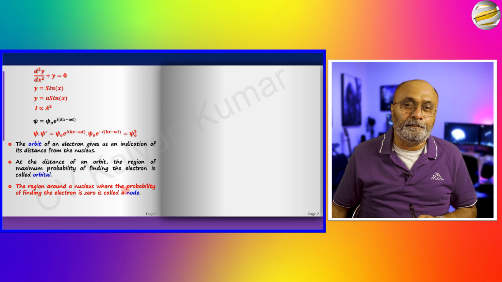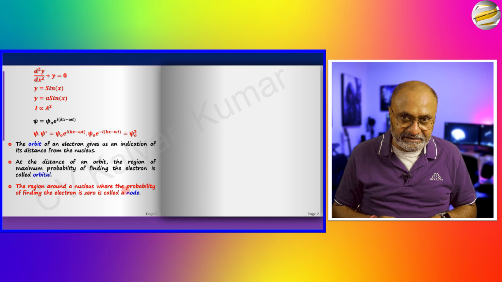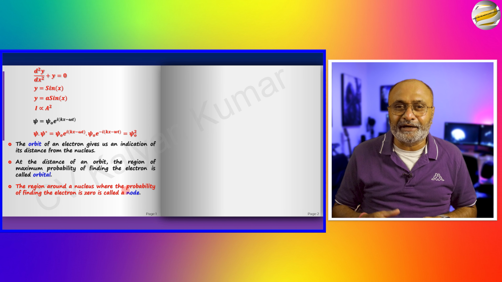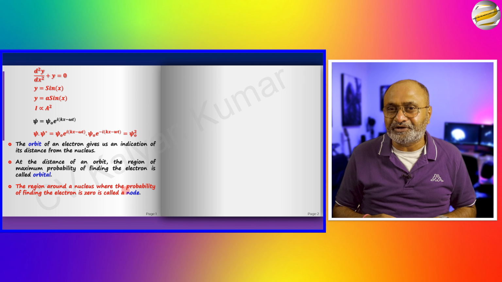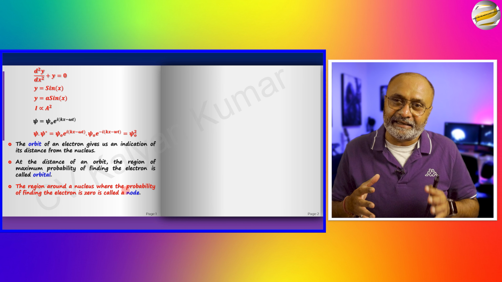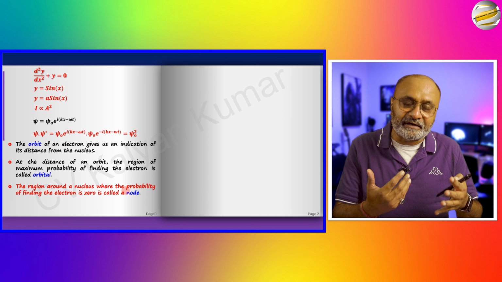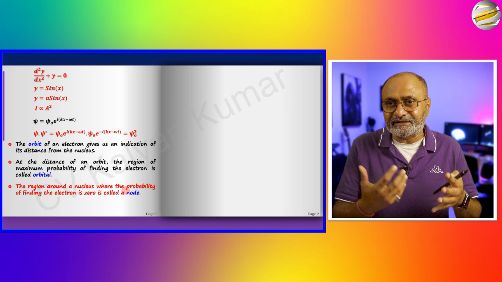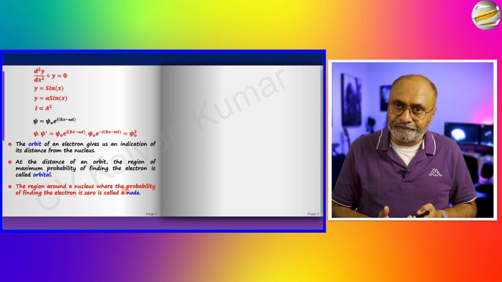Now, to better understand the boundary conditions, we will apply our knowledge of the Schrodinger wave equation. So far we understood boundary conditions theoretically, so let's understand it a bit more mathematically.